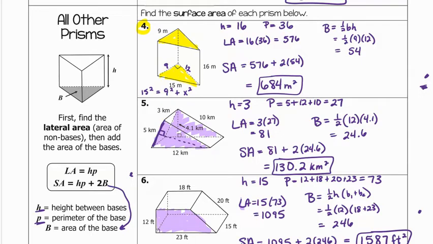Okay, now to find the surface area of that, we need the area of the 2 bases. So this is our first part here, right? This SA stands for surface area. The first thing we need to find is the area of the base. So this big B down here, that's the area of the base. And then we need 2 of those, so I'm going to multiply it by 2. Then I need the area of all the space that connects those 2 bases, right?